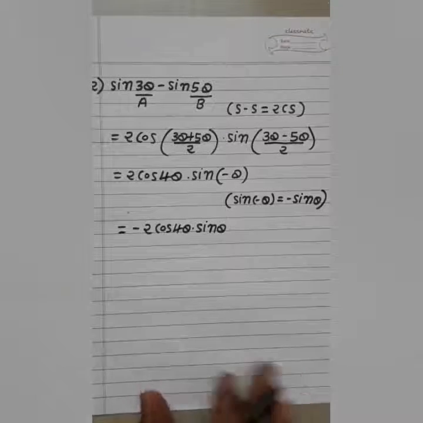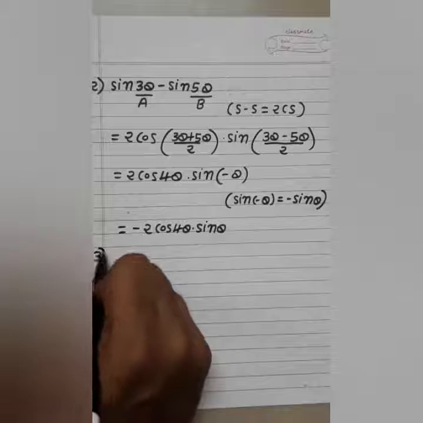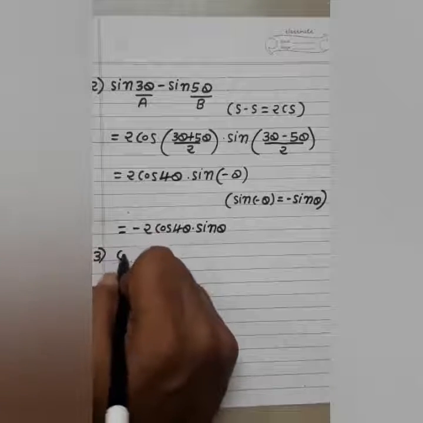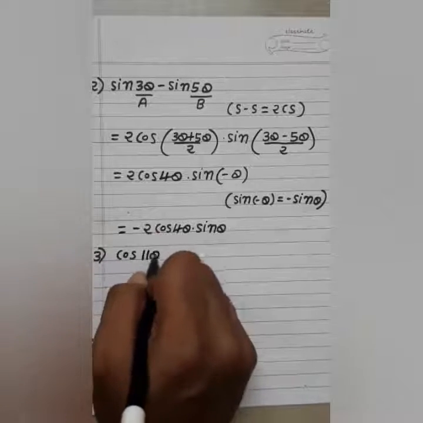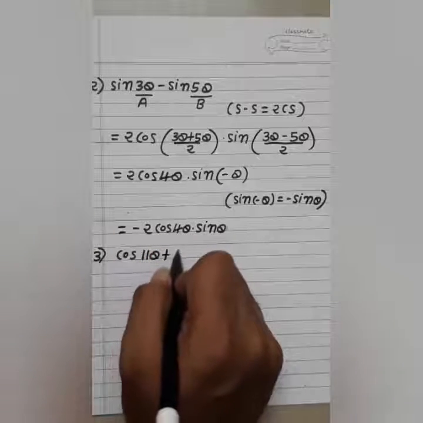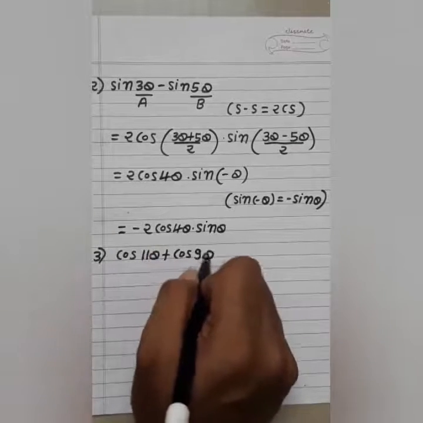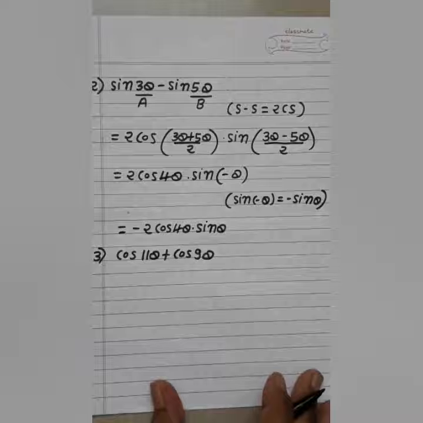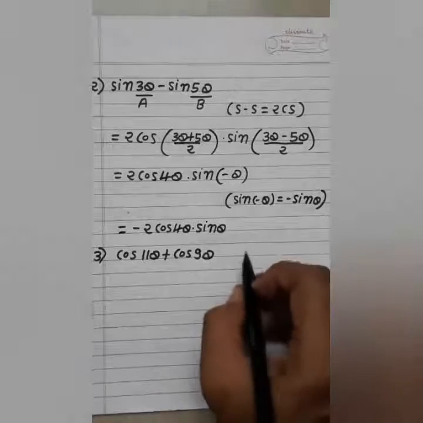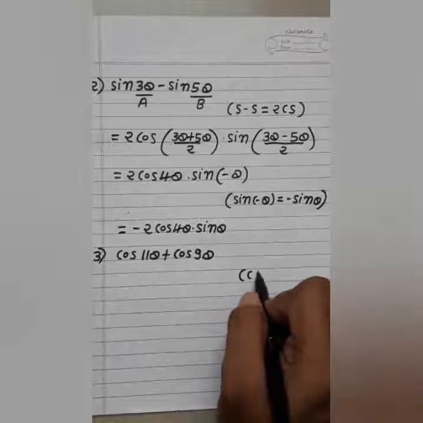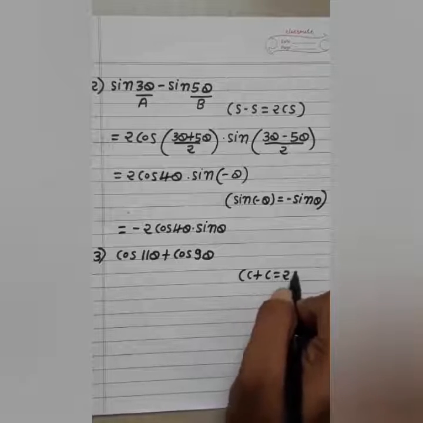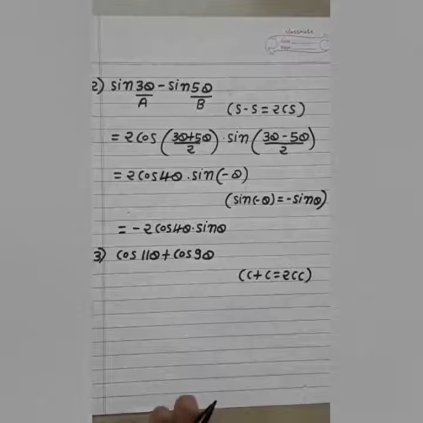Next one, cos 11 theta plus cos 9 theta. Again here apply the identity, cos plus cos is equal to 2cc.